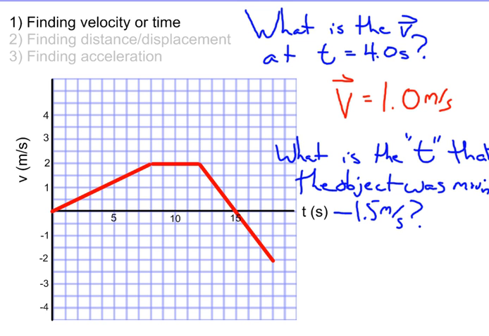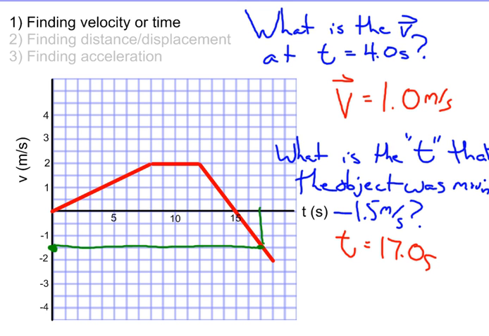We'll work a little bit differently this time. We look for our negative 1.5 meter per second mark on our y-axis, and we try and locate where our graph is, and we see that that was at a time of 17 seconds. So when time is equal to 17.0 seconds, our velocity is negative 1.5.